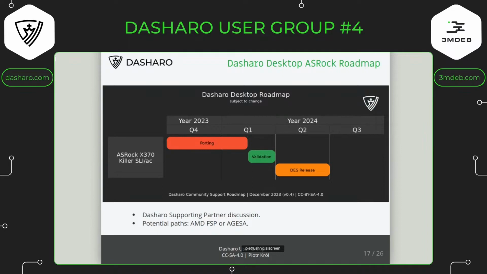I'm looking for ways to help Hanetzer push that platform forward. So the hope is to have an AMD AM4 or AM5 platform supported in 2024. But from the 3mdeb perspective and the Dasharo team perspective, first of all we need some business model for that, and that's critical for us. If we figure out a business model, maybe with some Dasharo supporting partner alongside Hanetzer, or I don't know, we will see.